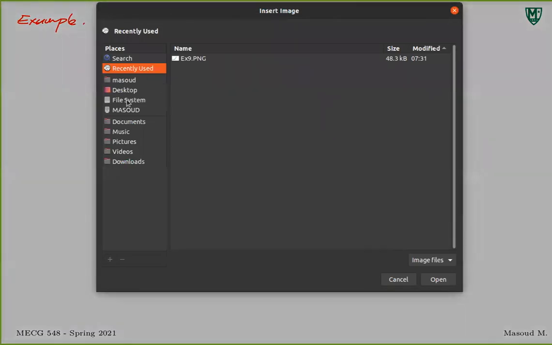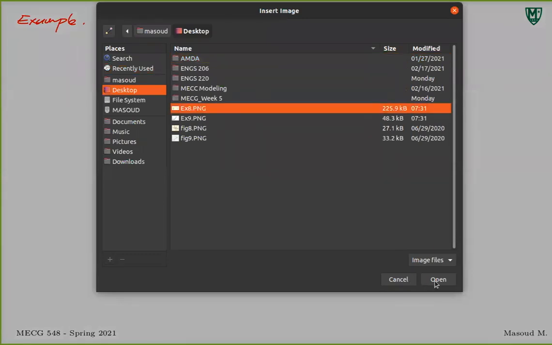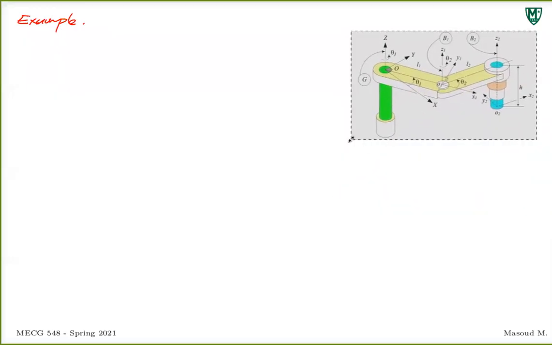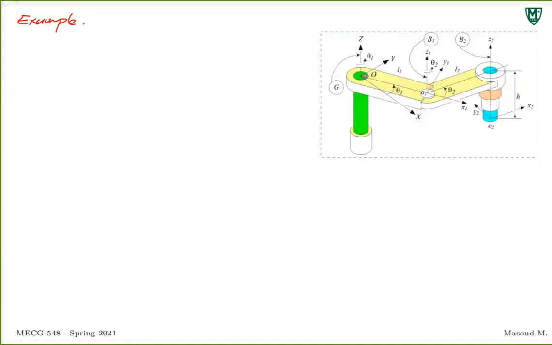So for this one, that is a very large size one. Let me bring it, if I can find where it is. Hopefully that's example 8. Yes. So we have a SCARA robot arm, SCARA mechanism, let's say. We actually talked about this at the beginning when we were talking about different mechanisms.